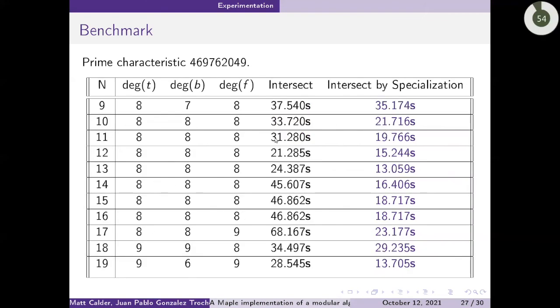And we can check that here again with polynomials of degree 8 and 9. We have good numbers here, 45 against 16.